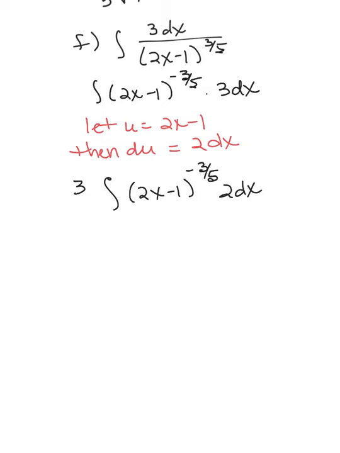But if we're forcing it in, then we have to offset it with a 1/2 out front. Out front then becomes 3/2. We're ready to substitute. We're going to have u to the negative 3/5, and the 2 dx gets replaced with du.